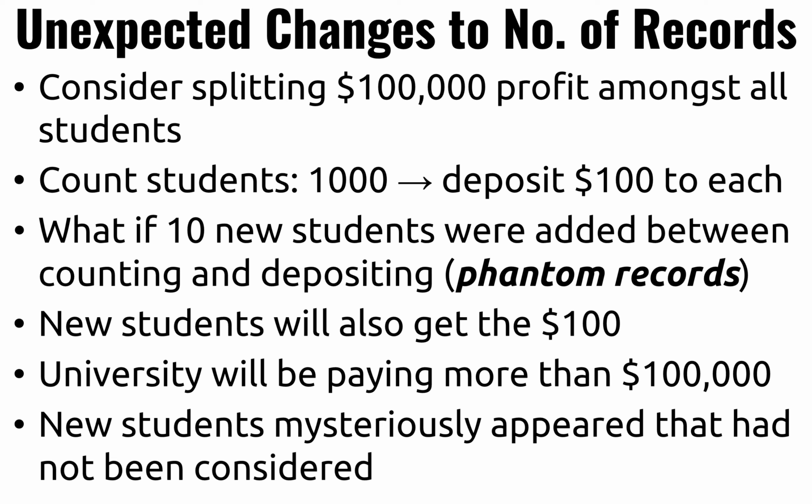So somehow I'm going to be off by $1,000 there, right? I'm going to be depositing more money than I should have, for 10 new students that were not there in the original count. Make sense?